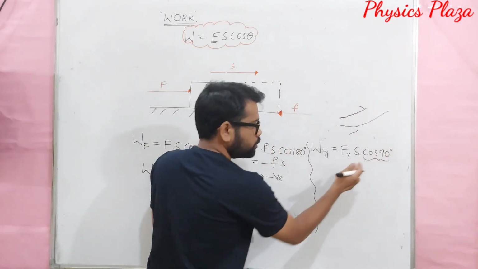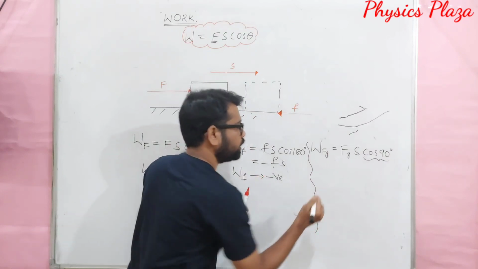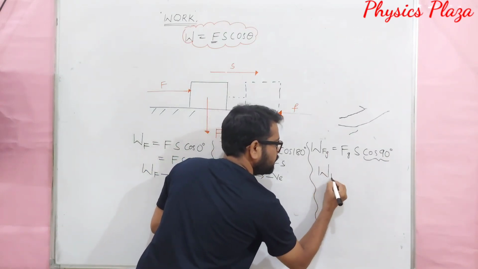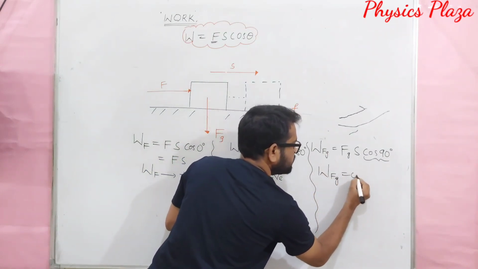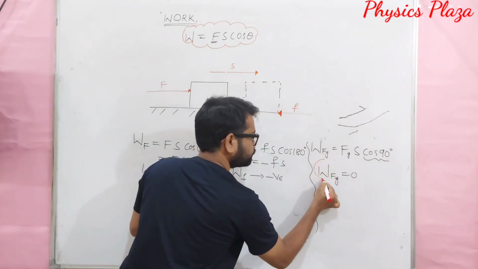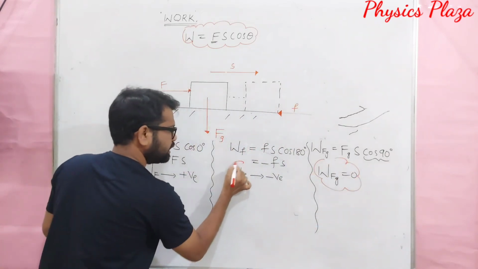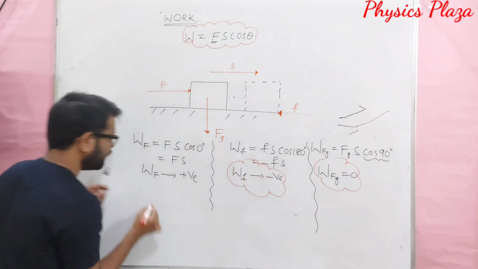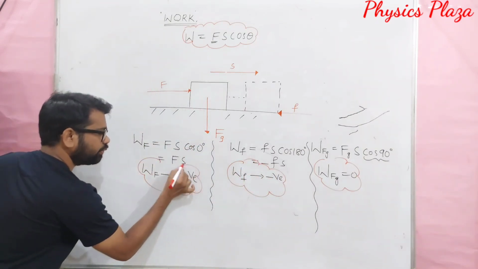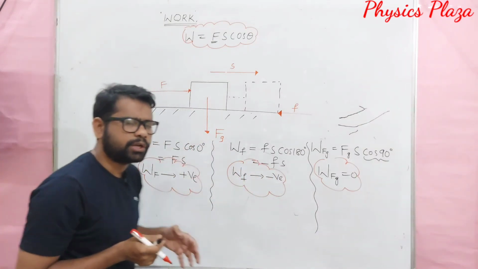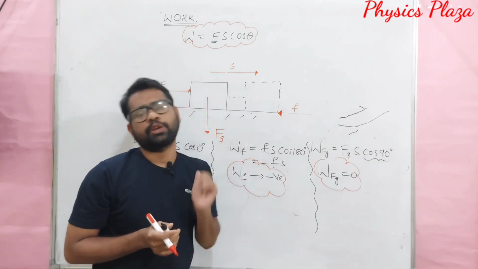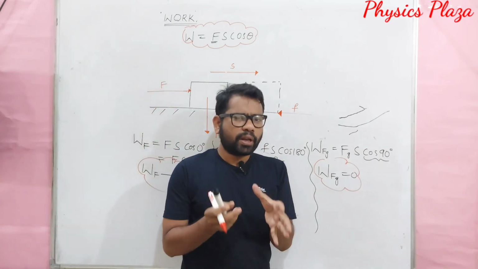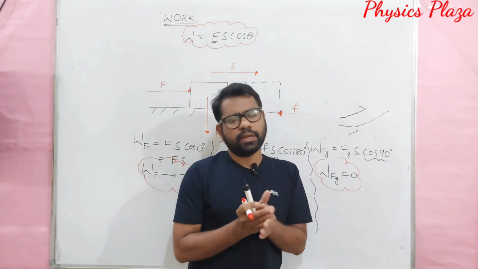It is 0. So 0 into Fs will be 0 only. So the work done by the gravitational force is 0. With a single example, we can understand three cases: when the work done is positive, when it is negative, and when it is 0. It is very important.